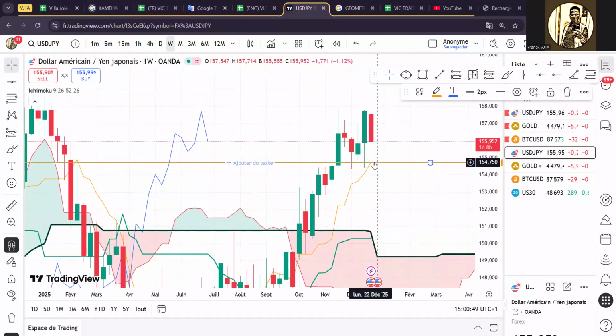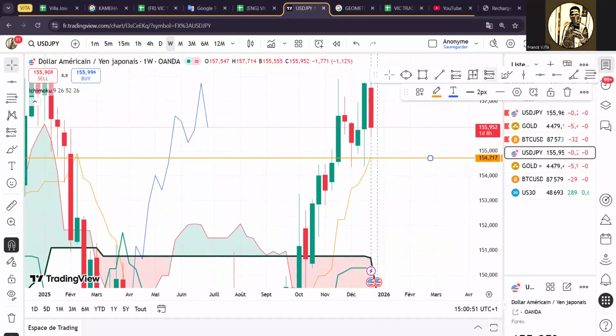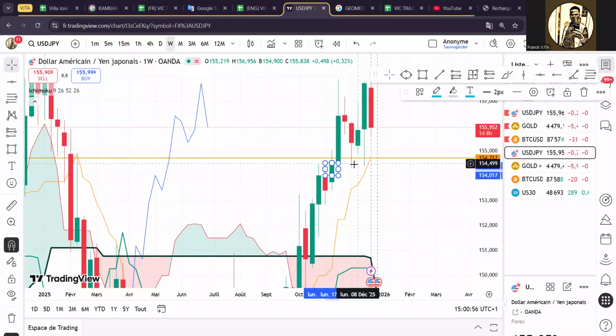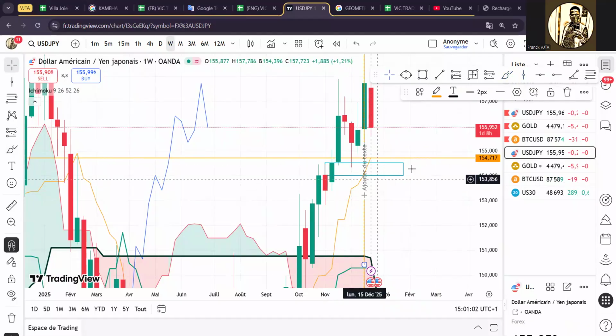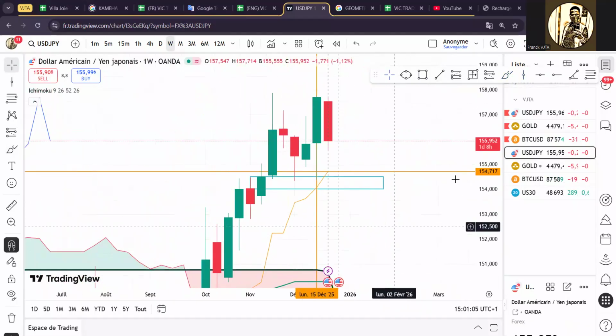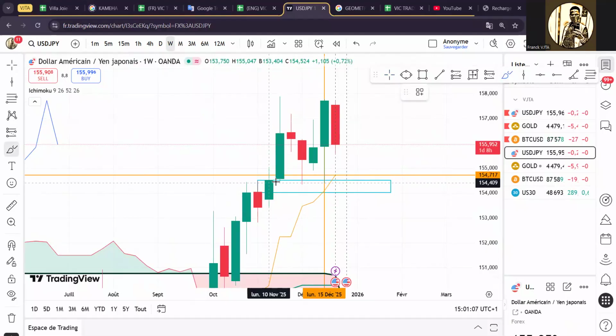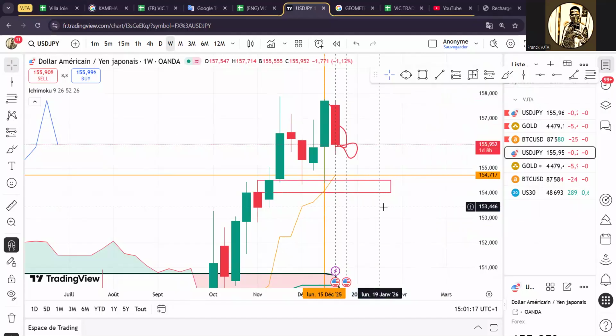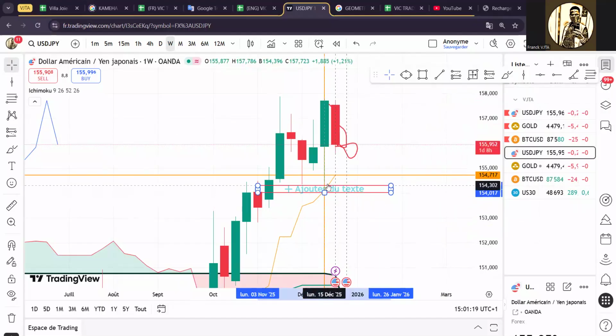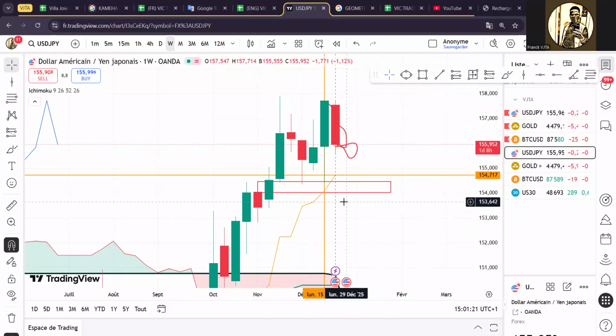When you see Tenkan hitting this, when Tenkan arrives at this exact vertical level, right?